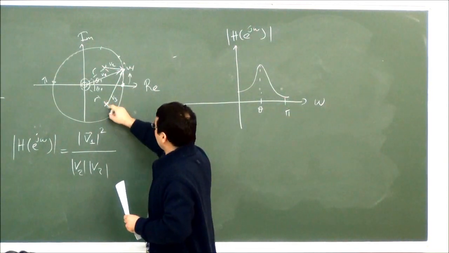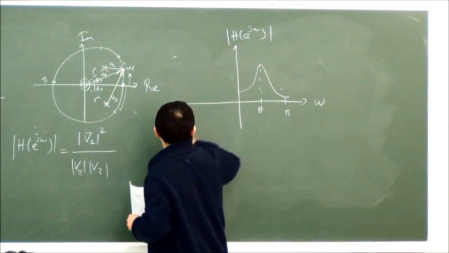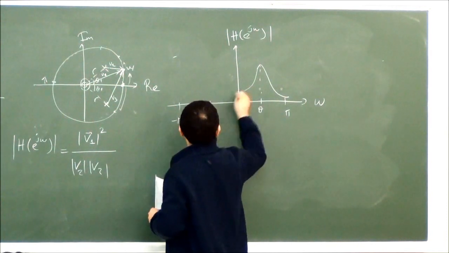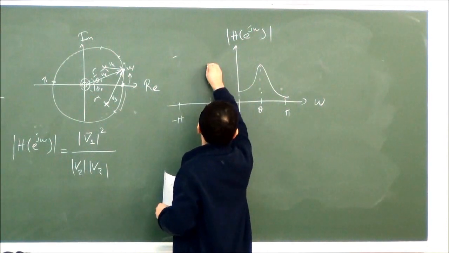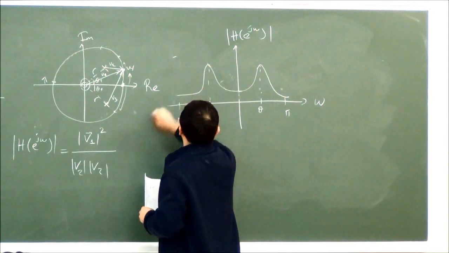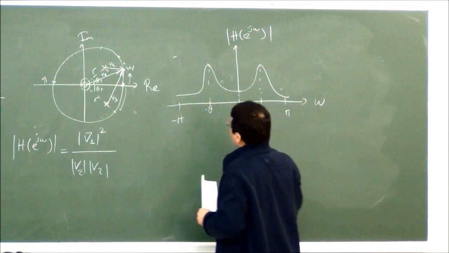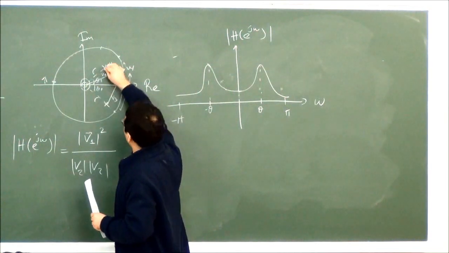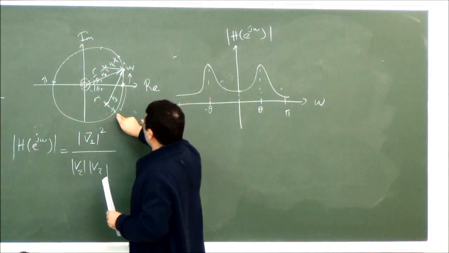At theta 1 point, you are very close to this pole, and again, let's say this is minus theta. So you will have a peak at this point, and after this it will decrease.